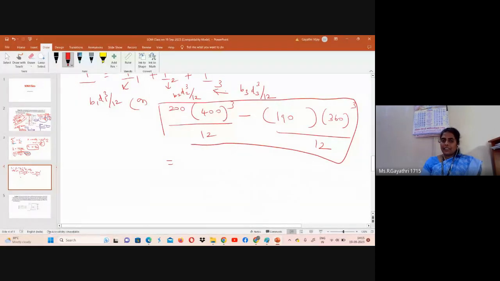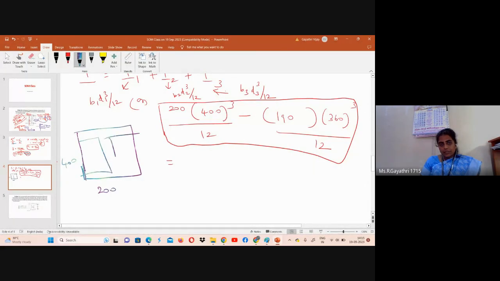You can subtract this web width and the flange height from total thickness and width. Okay, see here. This is the total rectangle, 200 by 400. We need to subtract this portion. The hatched lines show the section to be cut.